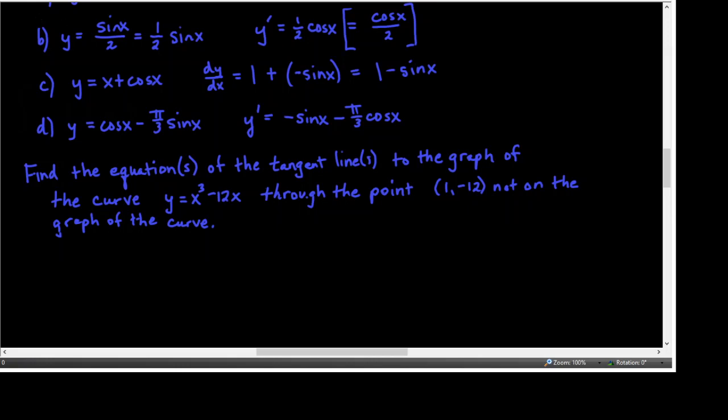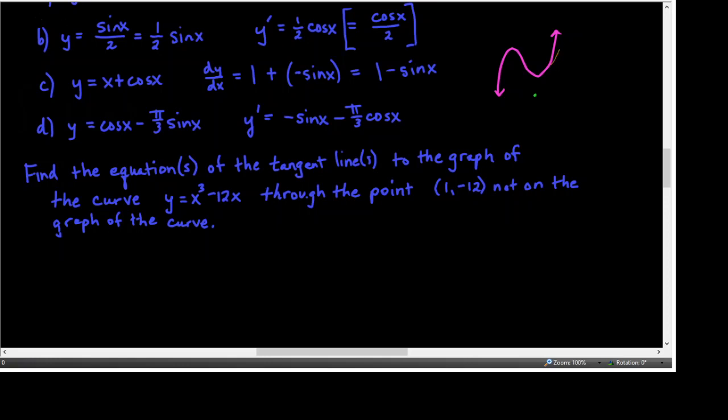Let me show you what that might look like. For example, let me say I had a curve that looks like this, and I had some point not on the curve.